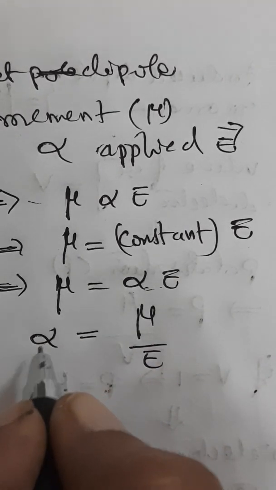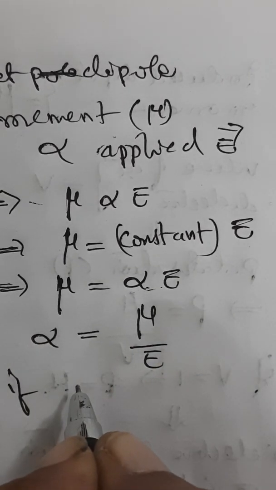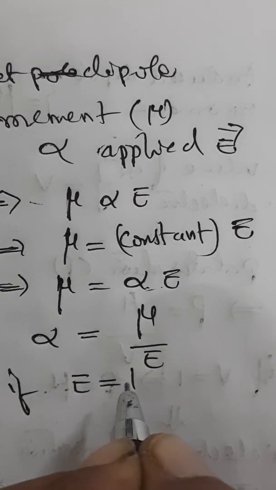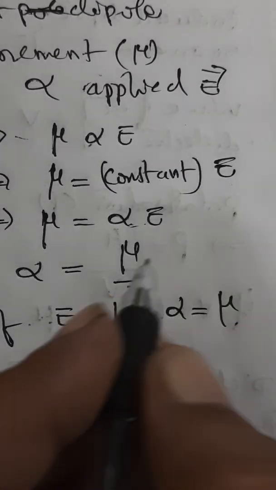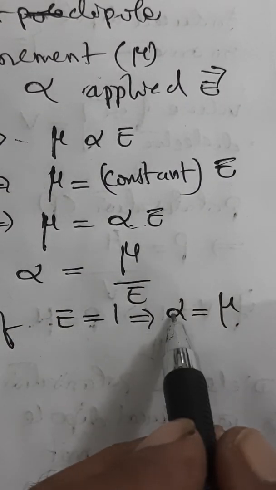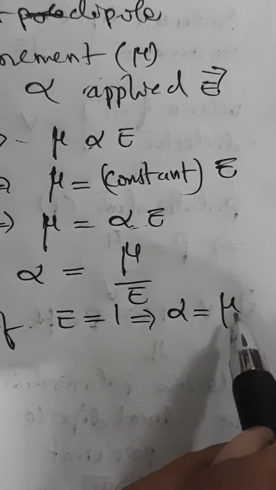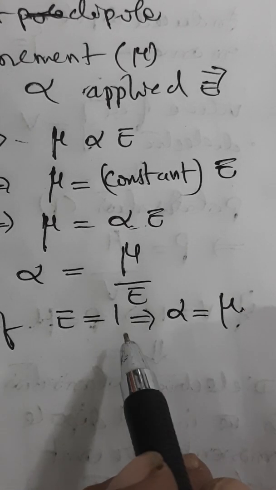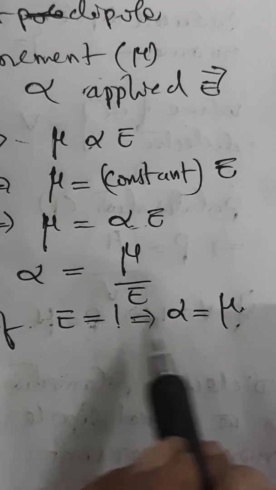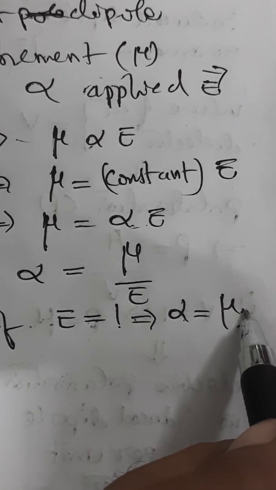Suppose the electric field is 1, then automatically alpha is equal to mu. That means dielectric polarizability is the net dipole moment induced per unit applied electric field. Whenever the field is 1, alpha automatically becomes the net dipole moment.